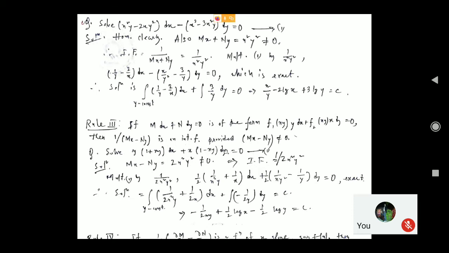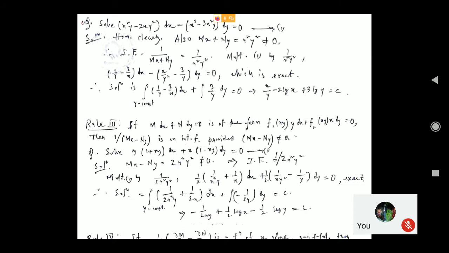You will see that this equation is not exact. Since this is not exact, you go for the next easiest thing, which is by inspection. By inspection, if you can solve, that is fine.